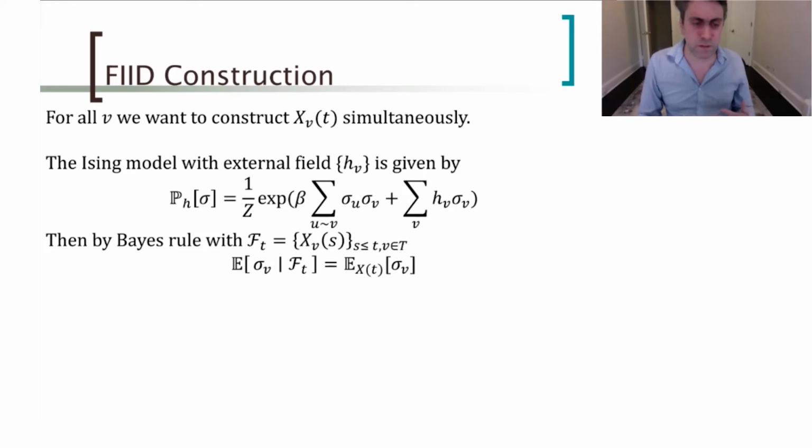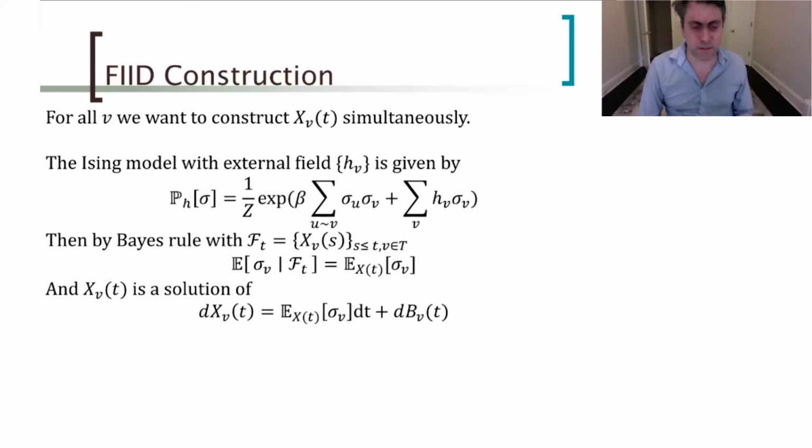Then another Bayes rule calculation will say that the expected value of sigma_v, given everything we know up to time t, will just be the expected value of sigma_v in the model where we have an external field given by the process x at time t. That's just a calculation you can do. And the system of SDEs that we want to solve is dx_v is equal to this conditional expectation of sigma_v dt plus db_v(t), where these are independent Brownian motions.